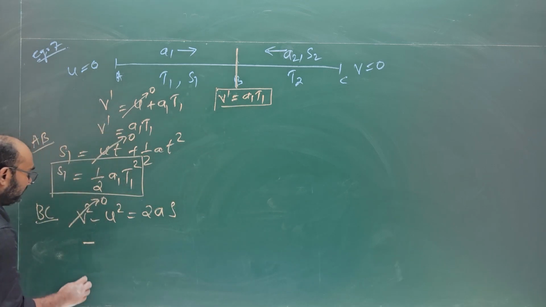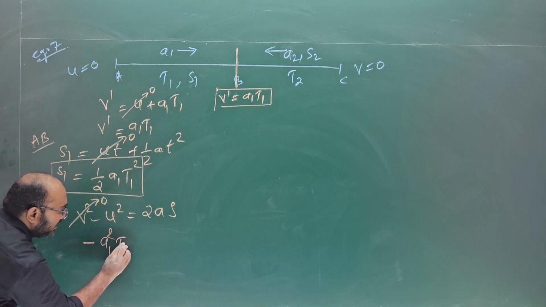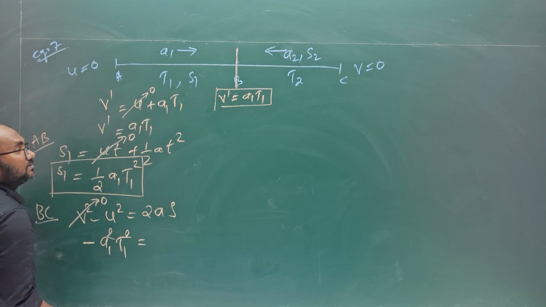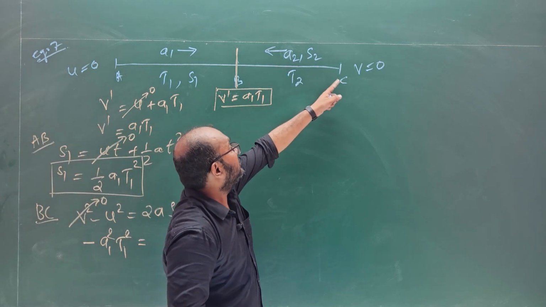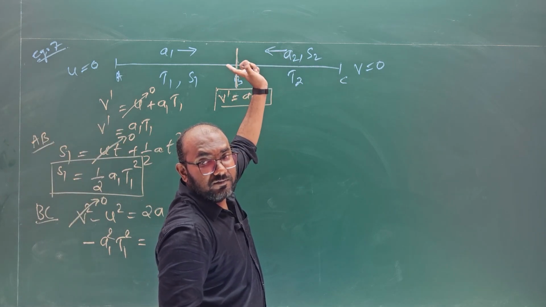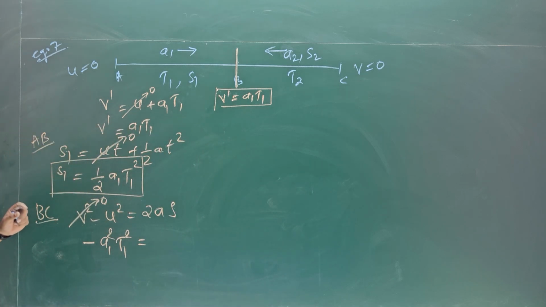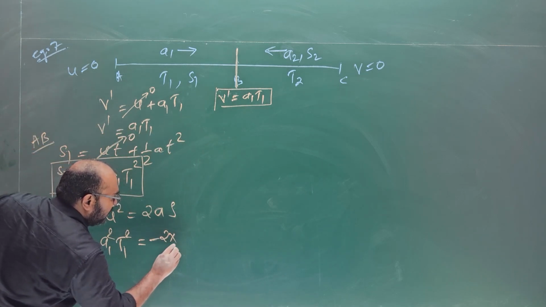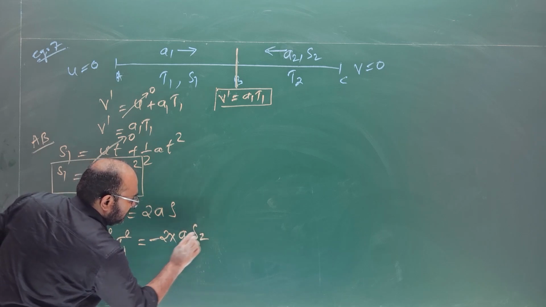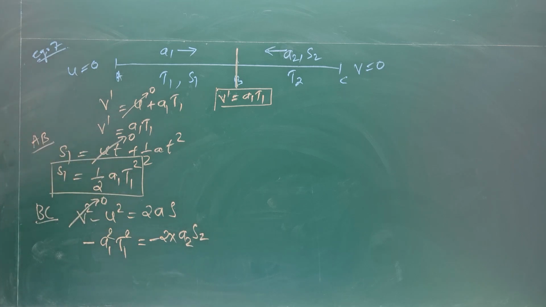That means A1 T1 whole square, can I write A1 square T1 square like this? Which is equals to, now body is moving in this direction but acceleration is opposite. Why? Because in the question it is given that it is decelerating. So, minus 2 into A2, this distance is S2. Anything cancelled? Yes, minus minus gets cancelled.